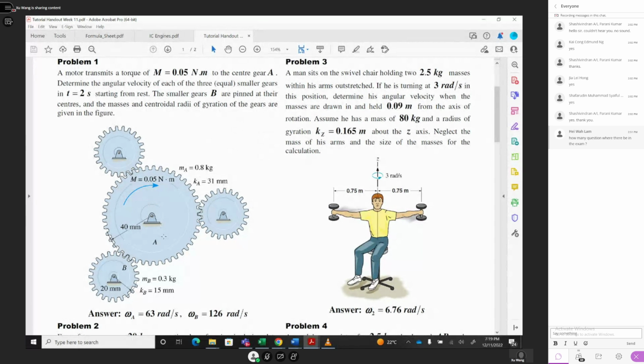You know I is m k square, I already know that. Then you can solve this and get I theta double dot. But at this mesh, with the radii, r a theta dot a should be equal to r b theta dot b.